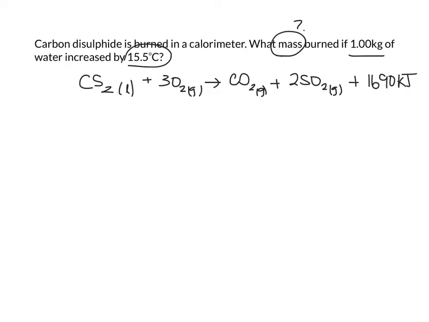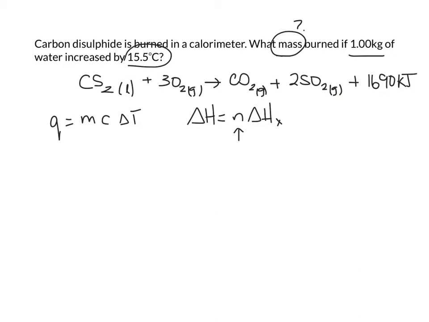This is working backwards. We know we have Q equals mcΔT. We know the mass, we know the specific heat capacity, we know the temperature change. So we can find Q. We have ΔH is equal to nΔHx. So we're missing the mass, which would be involved in finding the number of moles.